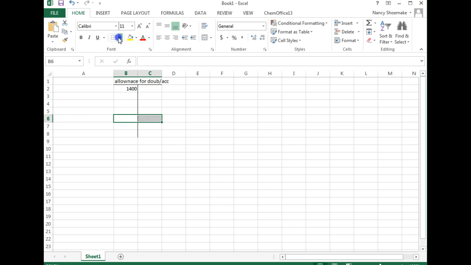What do we want the balance to be? 9% of 90,000 is how much? 8,100.